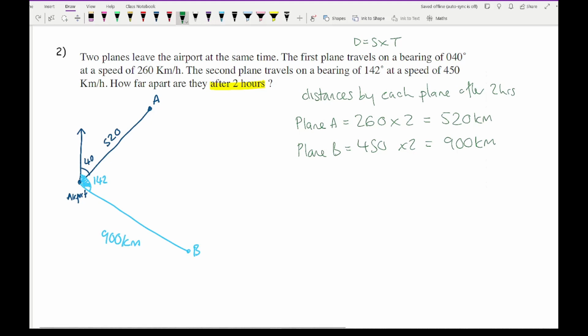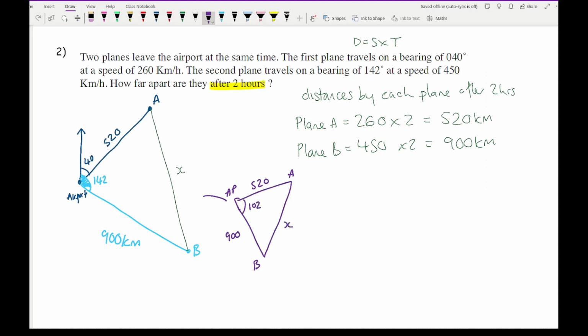And what the question is asking is how far apart are those two planes? So if I take the triangle out of the context of the question, this is the airport, this is plane A, this is plane B, this is 520, this is 900, and this angle here is going to be the difference between those two, which is 102. And x is what we're wanting to find.